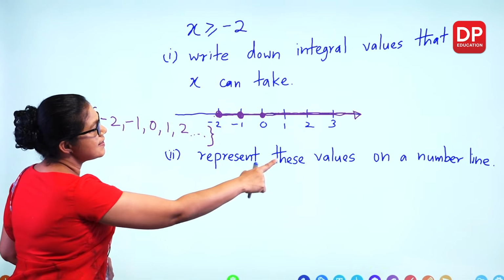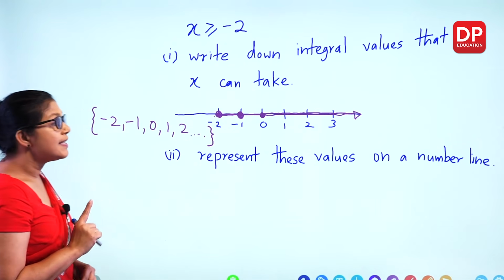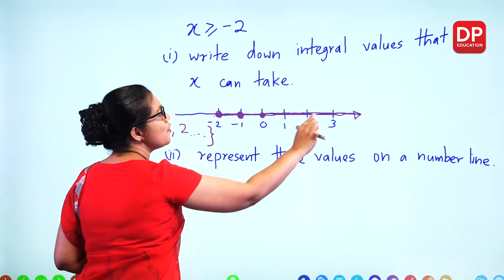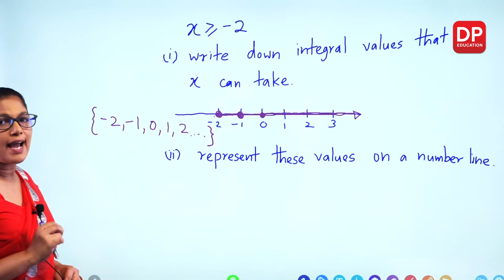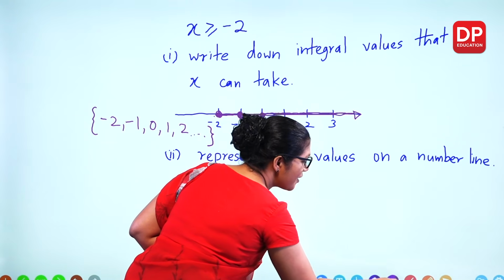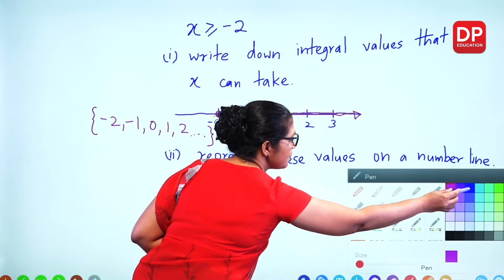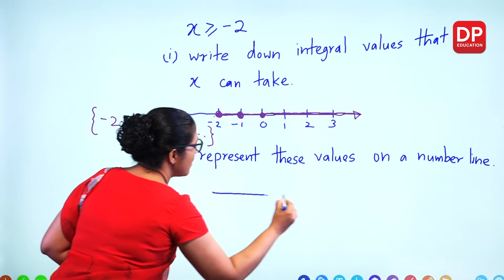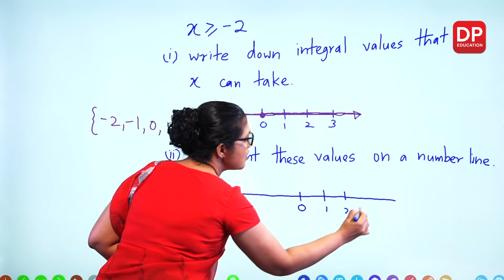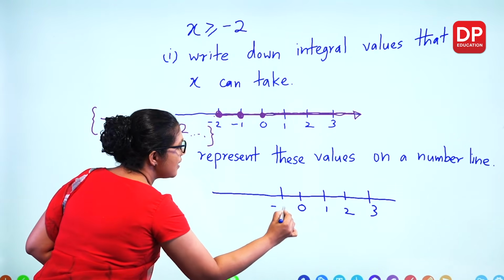Then here it says represent these values on the number line. Here, only these values means we can't draw the line there. So if you are drawing only the integral values, I can write down. So first draw the number line.